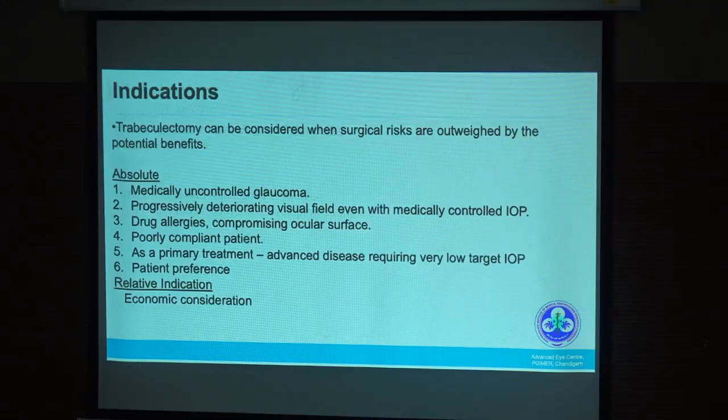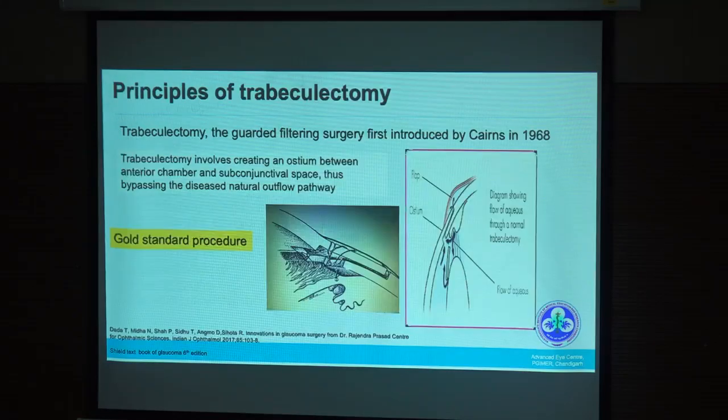The indications for glaucoma surgery are: medically uncontrolled glaucoma, progressively deteriorating visual field even with medically controlled IOP, drug allergies, poorly compliant patients, and as a primary treatment in advanced disease requiring a target IOP, because in that scenario you won't have much time to start medication, and of course patient preference and economic considerations also.